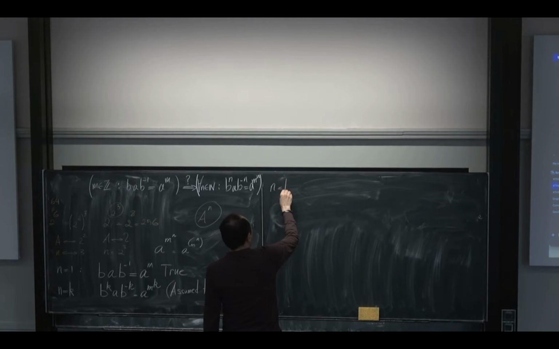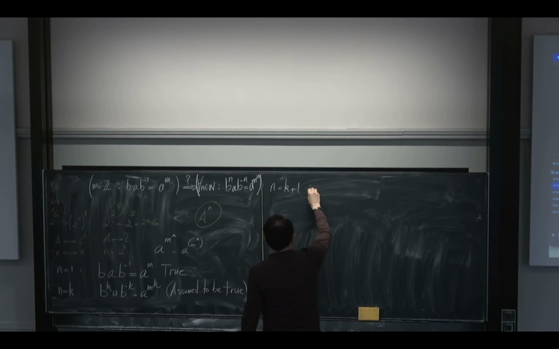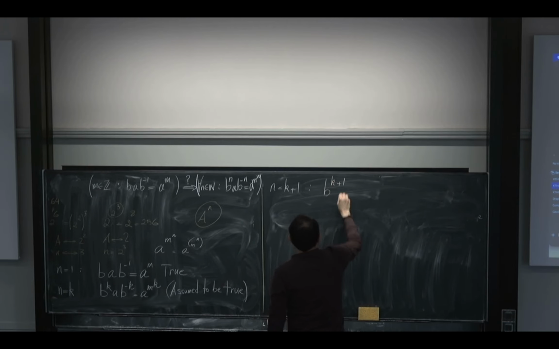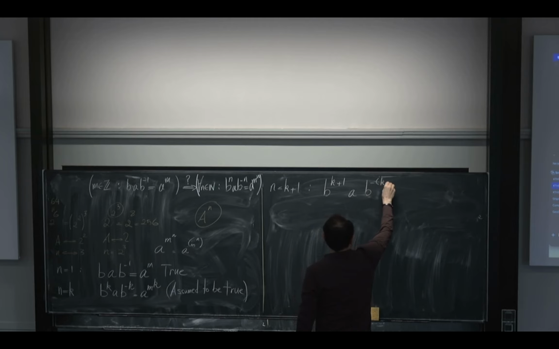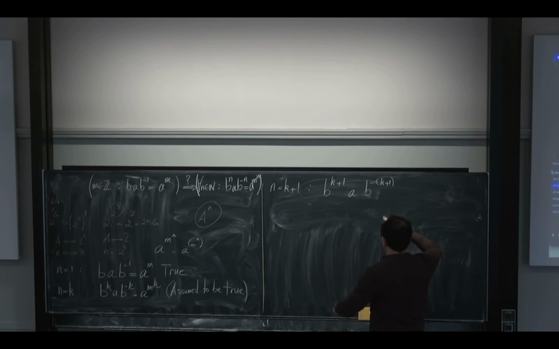So n equals k plus 1 means what? I replace n with k plus 1 everywhere. Be careful, you have to put a pair of brackets because I replace n with k plus 1, and this minus sign is an overall minus sign. And then on the right hand side, I will have a to the power m to the power k plus 1. Okay, so this is to be proven.